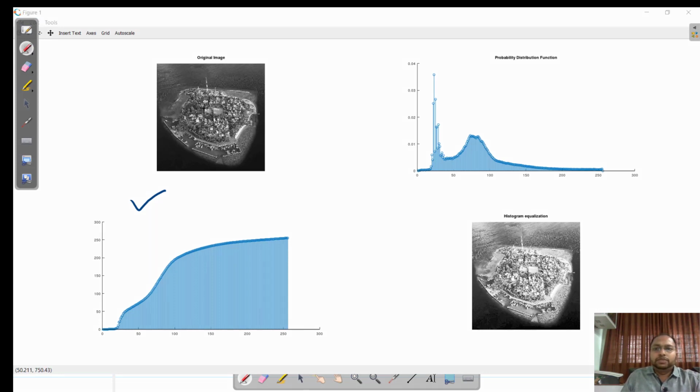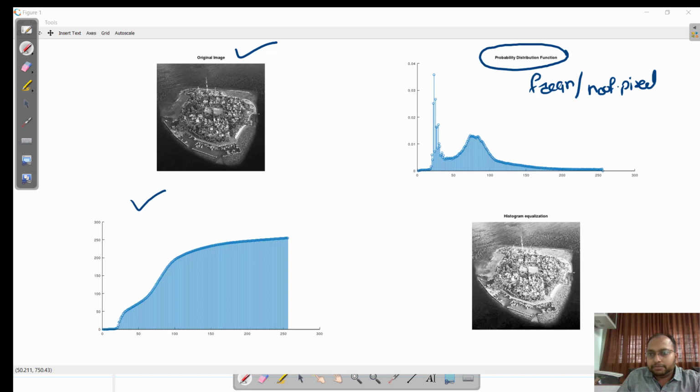So this is nothing but our original image. Fine. Then the probability distribution function. We have found out the frequency, and that frequency we have divided by the number of pixels, right?